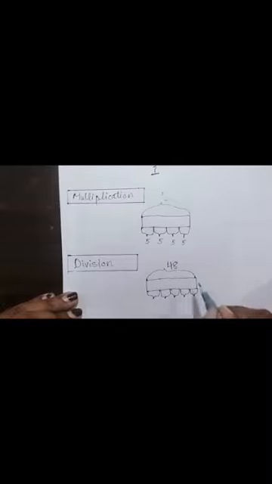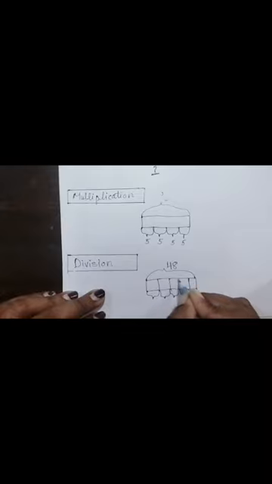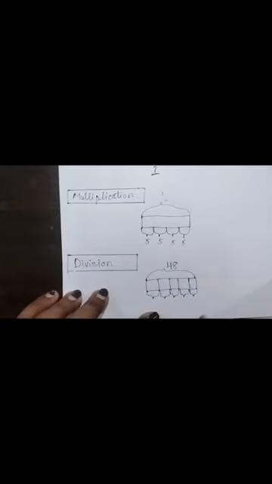What we have to look for is how many each friend has got. She has 48 flowers, so in division we have to see this part, how many flowers each friend got. This is called division.